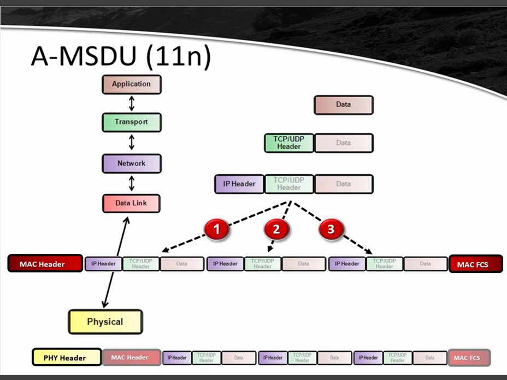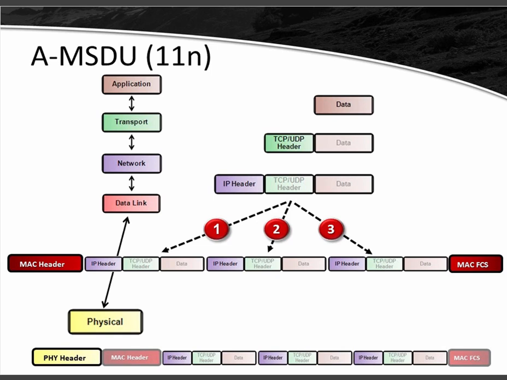So an MSDU, a MAC service data unit, is received from the upper layers. After the MAC header and footer are added, it becomes an MPDU and it's sent down to the lower layers. What 802.11n added was the ability to aggregate multiple MSDUs so that we can send multiple MSDUs in a single MPDU. Notice the way the graphic represents it here.